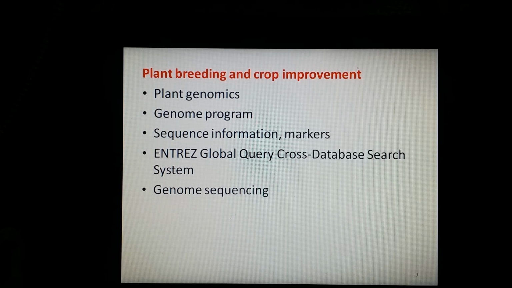So what a genome project does is generate data which includes sequence information, markers, etc., and these data are then distributed to the multinational research community. Bioinformatic tools help in the submission of all data through Entrez's global query cross-database search system, which we have discussed in our first lecture of bioinformatics, to the public domain, and this helps in retrieving sequences from the NCBI.